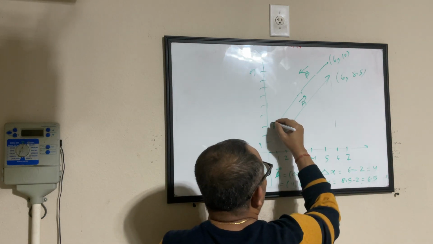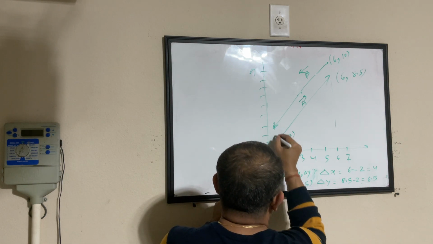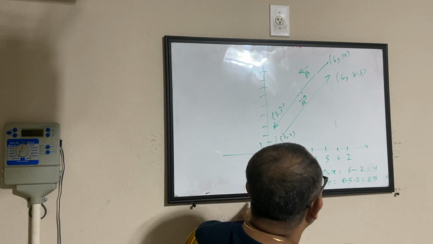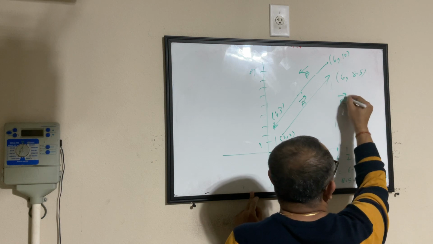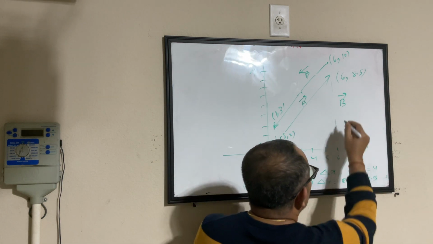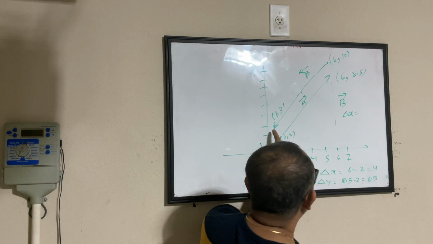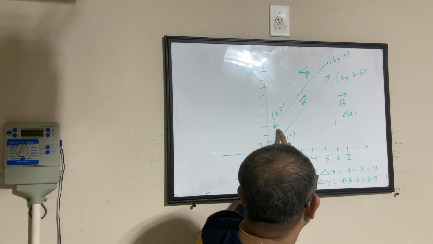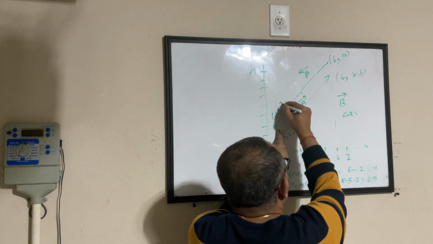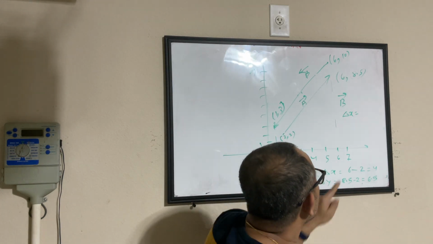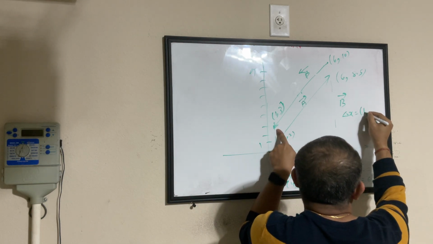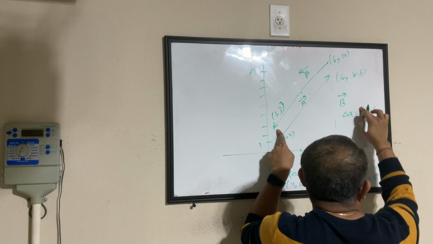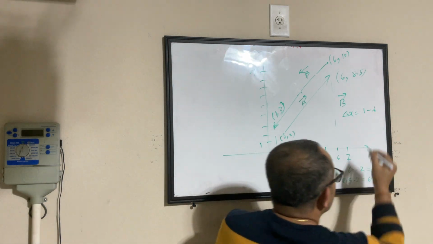And my terminal point here is 1, 3. So in case of vector B, what is my delta x? Delta x is nothing but terminal point minus origin point, x value. So terminal point is 1, 3 and my origin point is 6, 10. So terminal minus origin, it's 1 minus 6, the x value. I'm just looking at the x coordinate right now, which gives me minus 5.